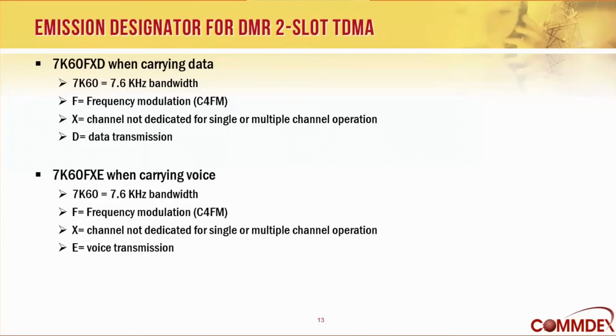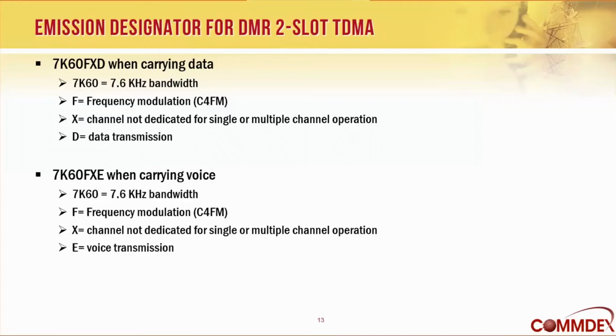The X means the channel is not designated for single or multiple channel operation. And the reason it's an X is that DMR can carry either voice or data. So we leave that one open. I mean, it can carry either single or multiple channels. So depending on what mode it's operating in, it can operate in TDMA.